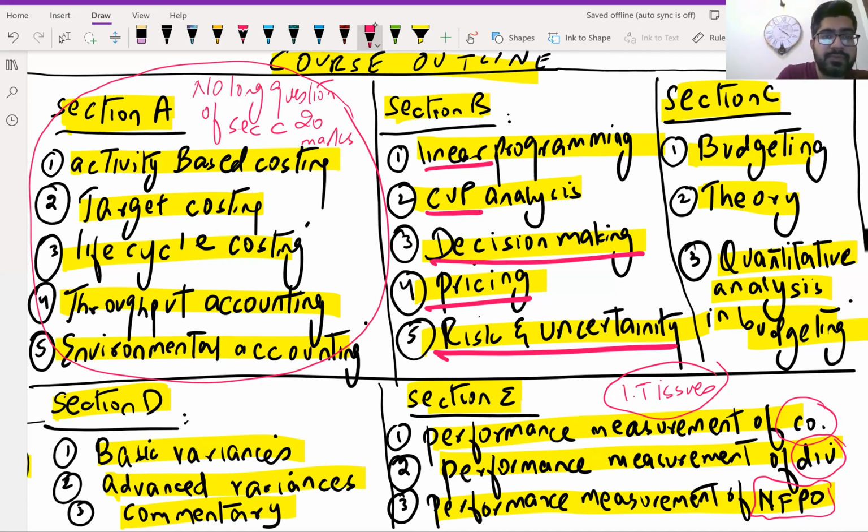This area, whole section A, will either be tested in MCQ or tested in MTQ. There is absolutely no need to do any other long question practice.